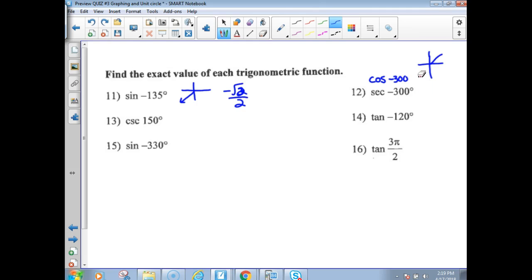Cosine is positive in quadrant 1. That is a reference angle of 60. So what is the cosine at 60? It's 1/2. Then you would take the reciprocal. You'd flip over 1/2, and the answer is 2.